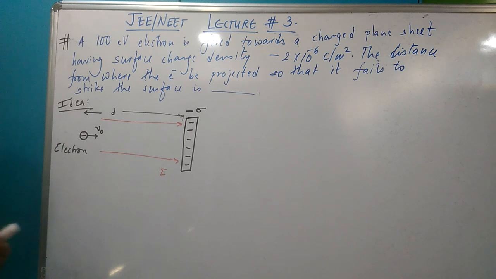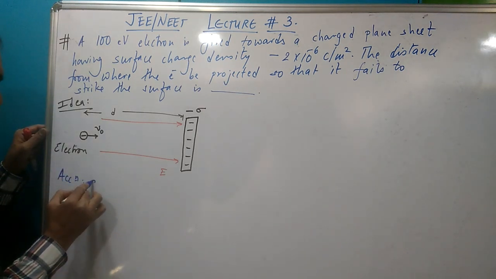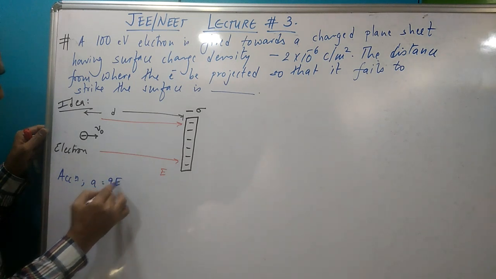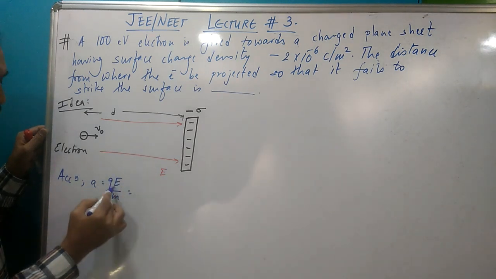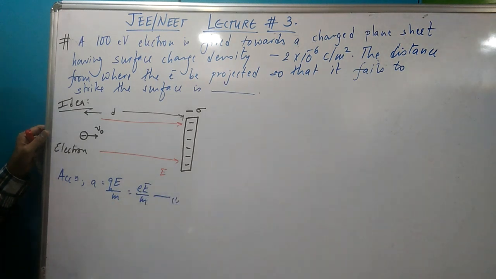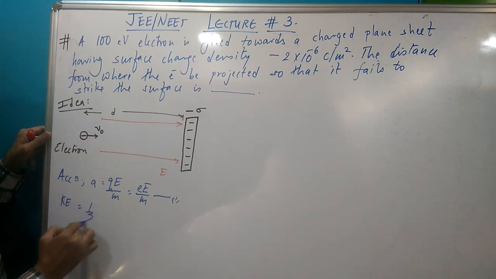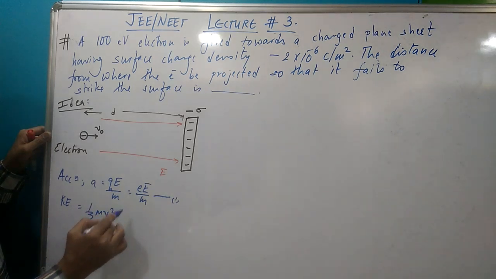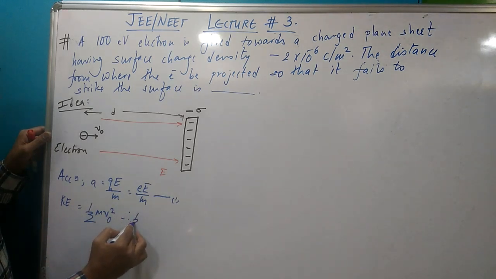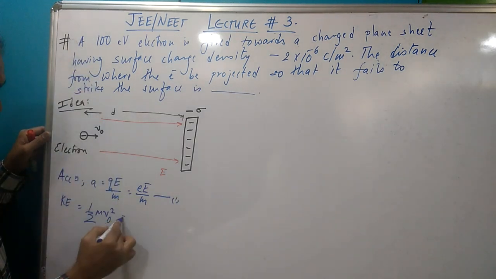The acceleration of the electron, we know a is qE by m, and being electron it is eE by m. Also, kinetic energy is half m v0 square. So half m v0 square, you know that kinetic energy is given as 100 eV.